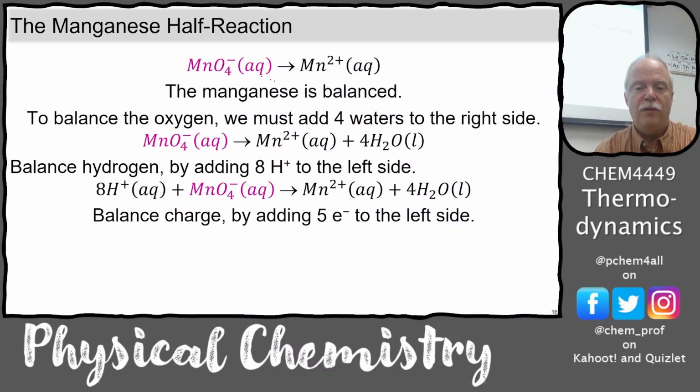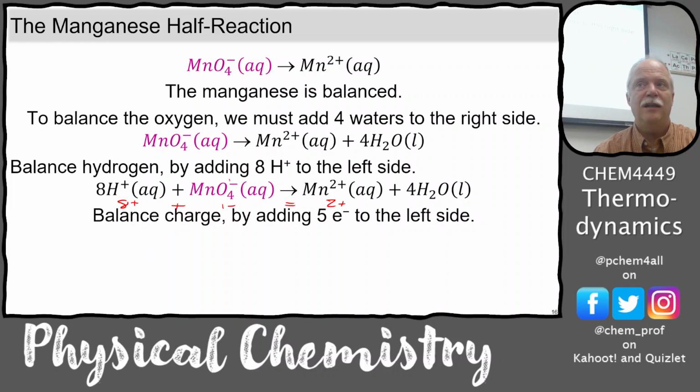Why is that? Well, on the right, we have a 2 plus. On the left we have 1 minus here, and 8 plus here. So 8 minus 1 is 7 on the left, so why don't we add 7 electrons?